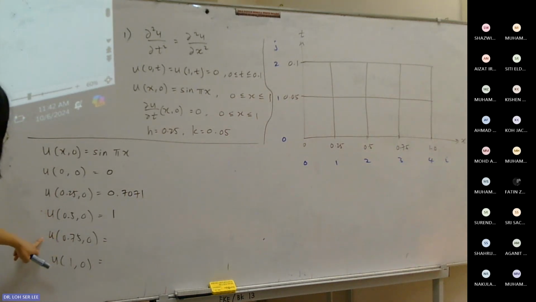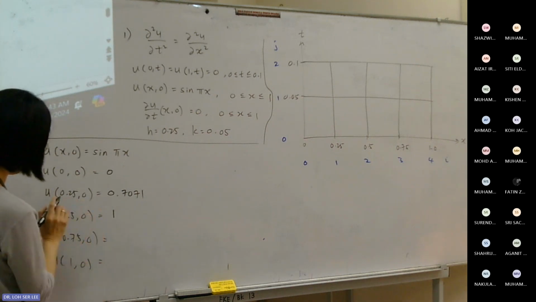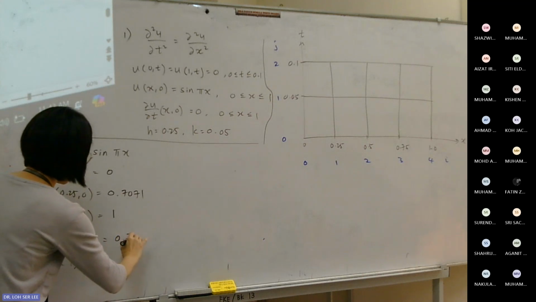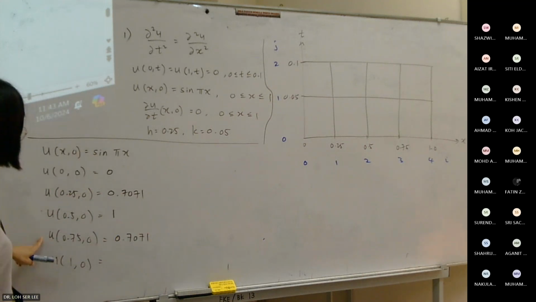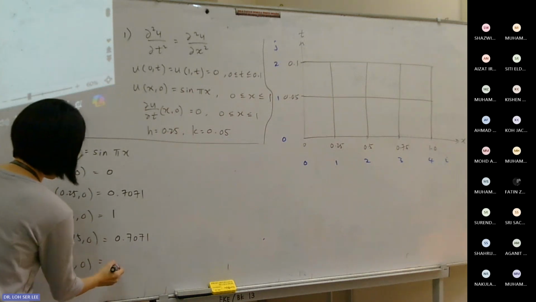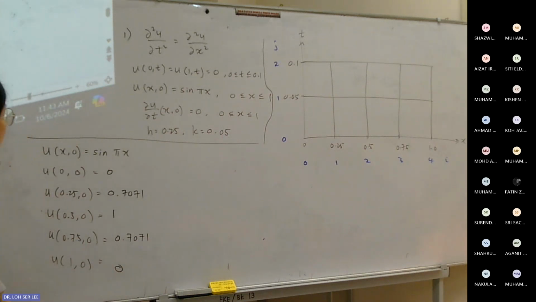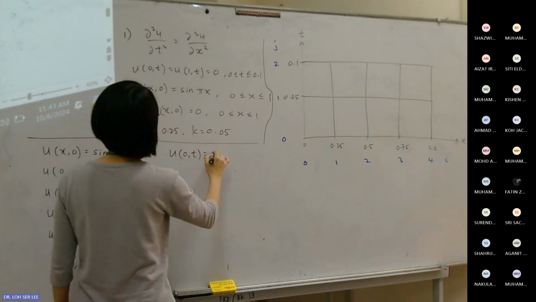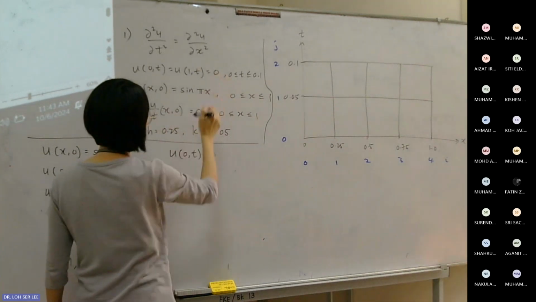Then this one, 0.7071. Sine pi is 0. Okay. And this one, t is 0. This one equals 0.